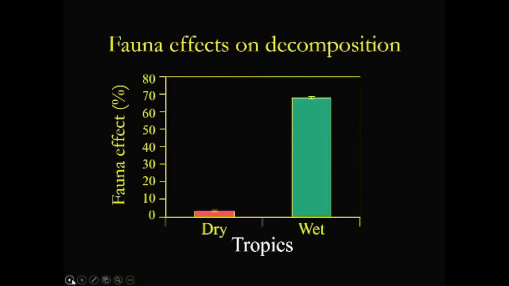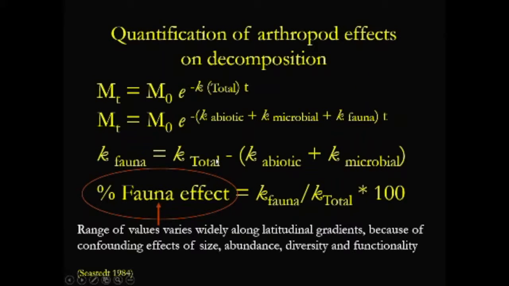Another thing you could do is look at the faunal effect when you compare the ratio of this decay rate in the plot where you have the fauna excluded versus the total. And of course, this range of values will vary widely along latitudinal gradients because of the confounding effect of the different organisms, their size, their diversity, their functionality.